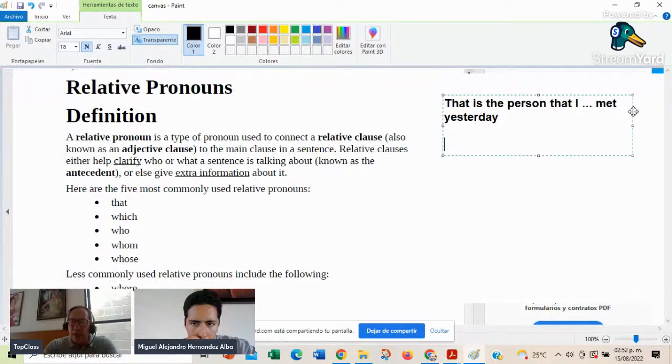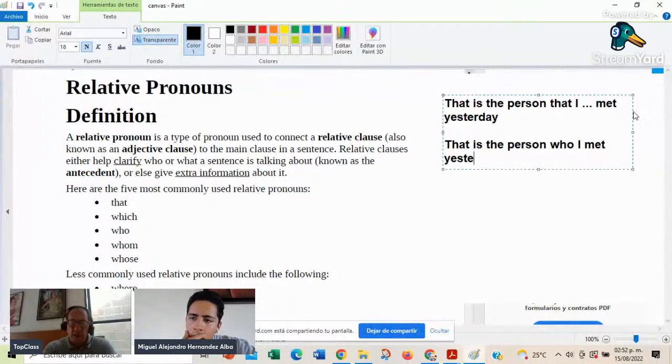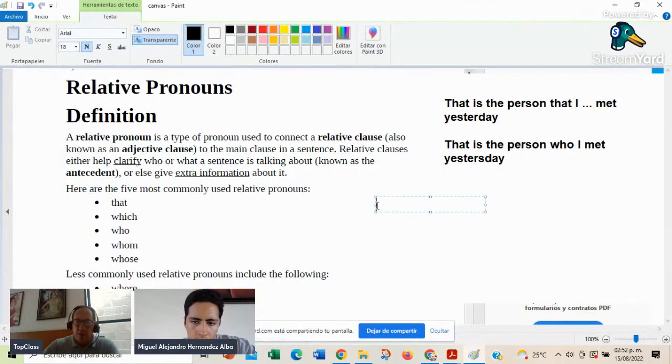Can you use the same sentence but using who? Who I met yesterday, right? Yes, it's exactly the same. And then you went to a basketball match, right? So that, or you can also put it backwards, right?